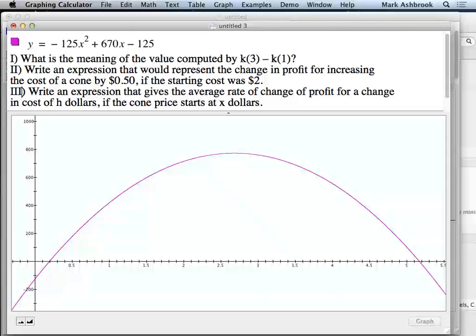Very important questions for the exam tomorrow, okay? You got to know this stuff. This is a review. Okay, but got to know it.